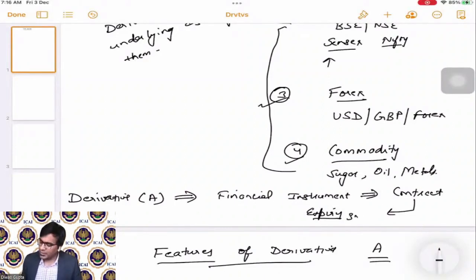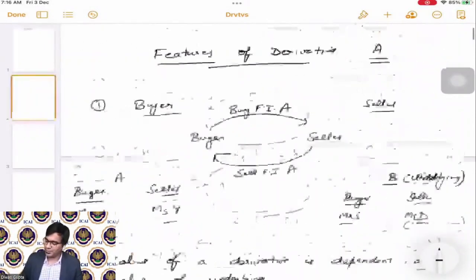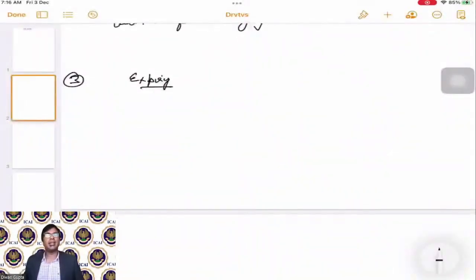So, for example, 3 months, 2 months, 1 month, 1 year, 6 months, can be anything. That is why the basis is this contract. Through this contract, a financial instrument is born. That financial instrument is called a derivative. And in that contract, we will mention that there is a specific expiry. So there is an expiry of the financial instrument.